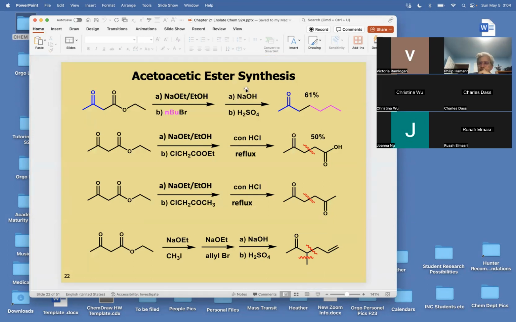Well, esters can be hydrolyzed to carboxylic acids with either acid or base. Half of these show base, the first one and the last one. It's better to make the carboxylic acid and then eliminate it by that six-member ring, three arrows mechanism from the last chapter. That's the most expedient way to do it.